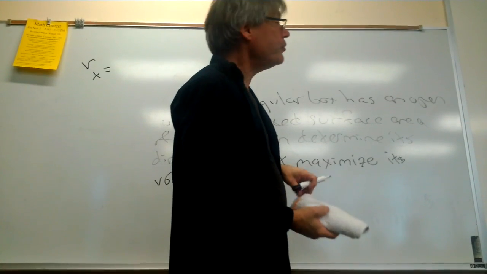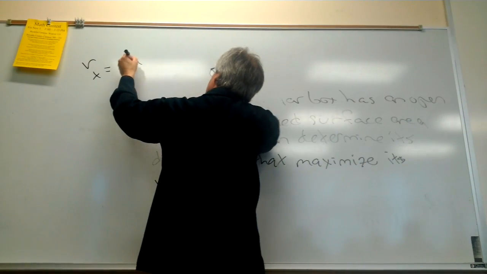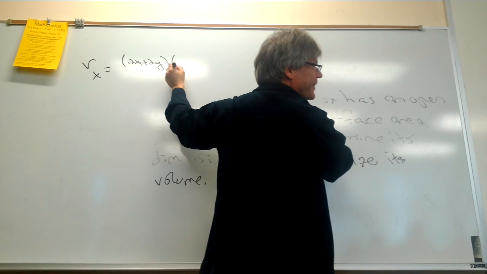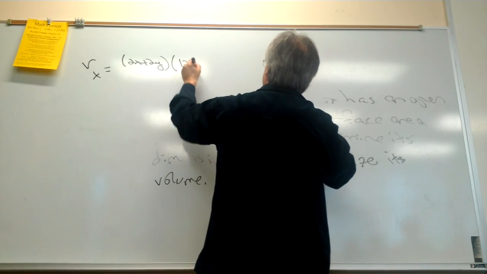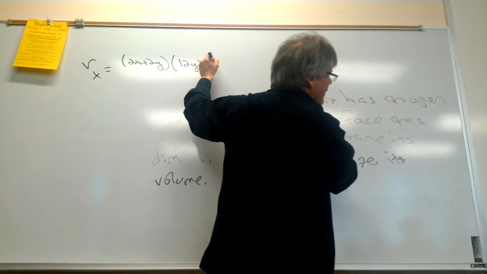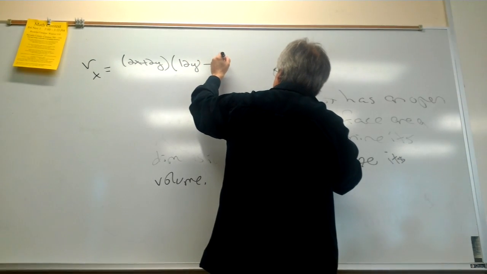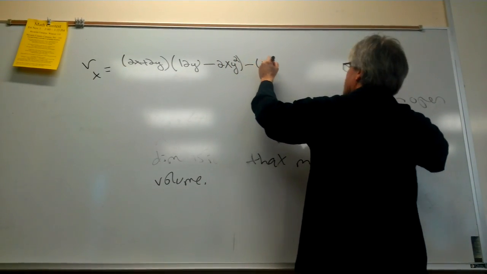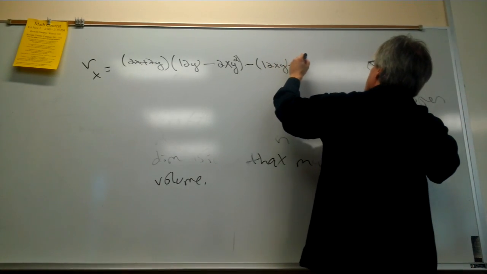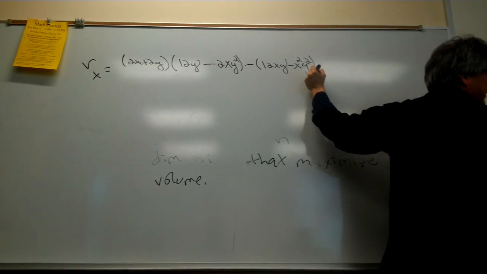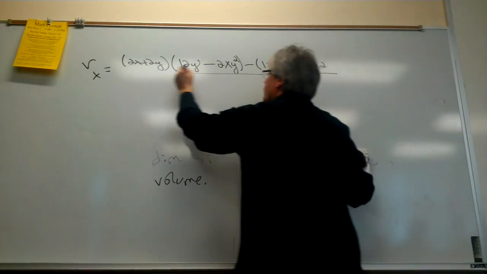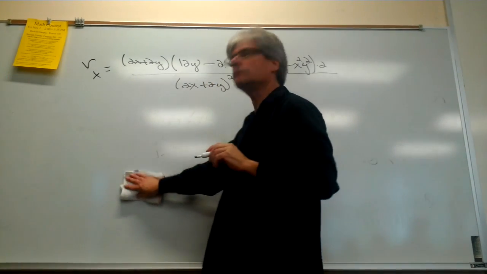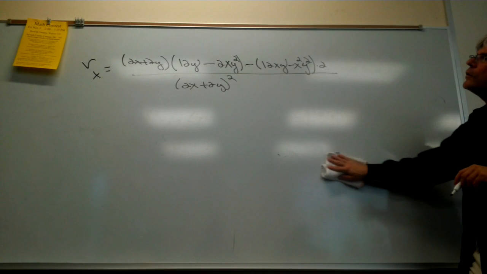But I do maintain the quotient rule says I get whatever's downstairs as is, times the derivative of what's upstairs, just 12y minus 2y squared x, minus what you see upstairs as is, 12xy minus x squared y squared, times the derivative of the bottom with respect to x, but that's simply a 2, all over what you see downstairs, squared. You guys, so far so good?